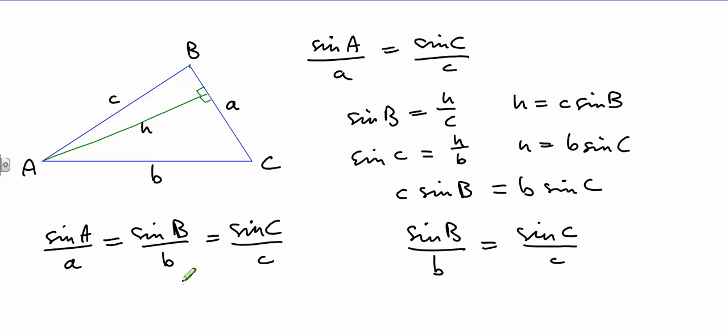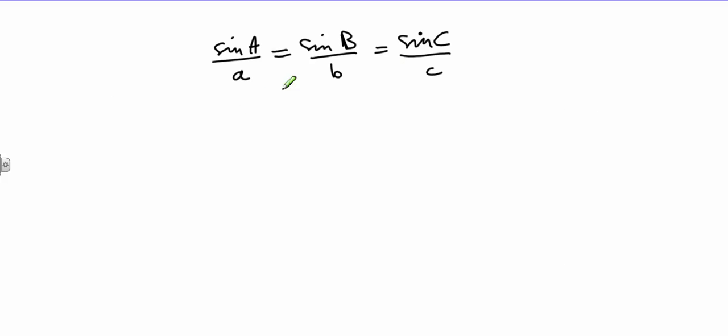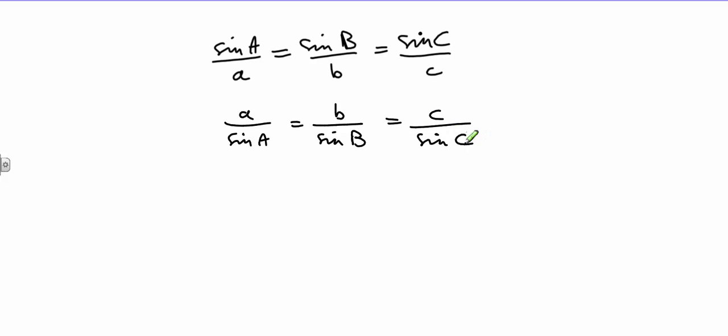Second, sine B over b equals sine C over c. And thirdly, sine A over a equals sine C over c. Also, we can turn this equation upside down and write it a over sine A equals b over sine B equals c over sine C. So the three equations can be written in that form as well.